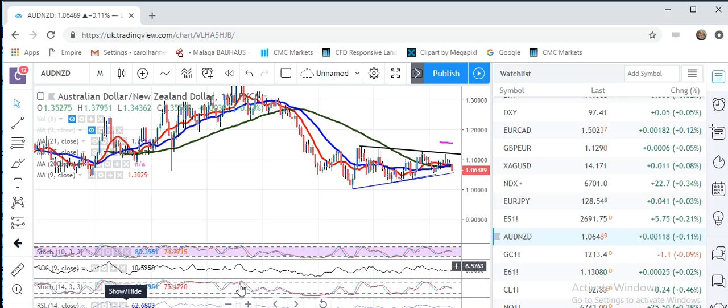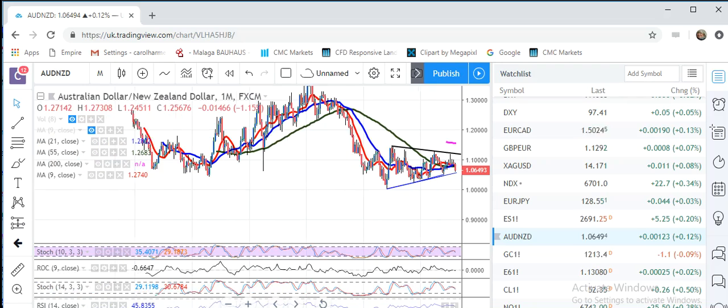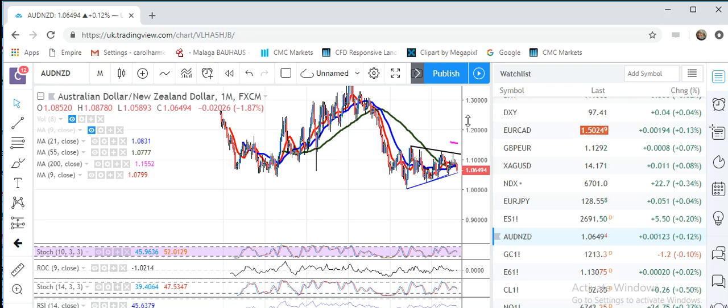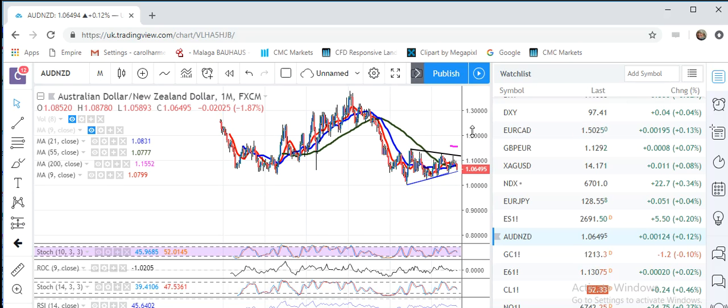Obviously, this is a long-term thing, so we have been oscillating, but we're coming towards the apex now of this. So I think this is a continuation pattern. If you look at where the Aussiekiwi has come from, the high, off the top of my head, I know is 137.5. So there is scope for this particular market to go a lot lower.